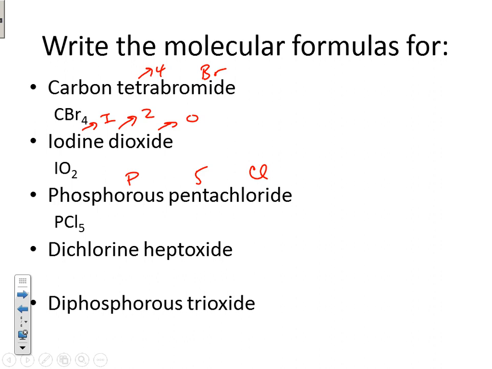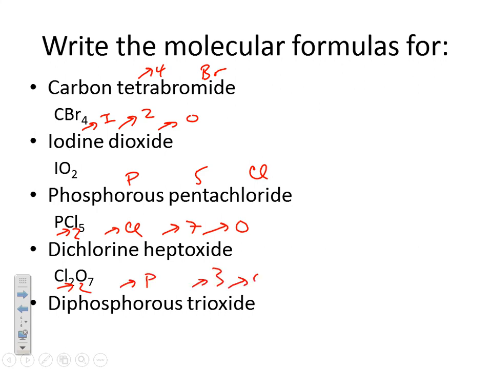So that's PCl5. Dichlorine heptoxide, well di means 2, chlorine means Cl, hepta means 7, and oxide, that's oxygen, so Cl2O7. Diphosphorus trioxide, so di means 2, phosphorus means P, tri means 3, oxide means O, so this is just P2O3. No reducing, no anything, just how many are there based on the subscript. And that's it. That's really pretty simple.